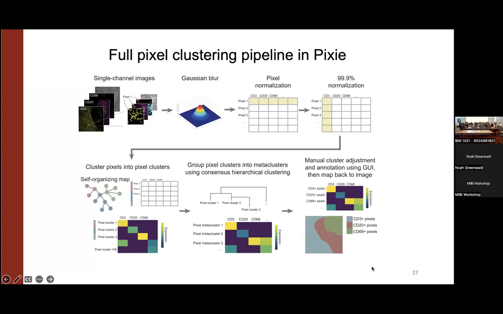So looking at that heat map is really the best way to choose. You can get as granular as you want. Sometimes if you're looking at the macrophage cluster, anything that's CD68 positive you just lump in there. But if you want to get super granular, you can separate out the CD68 positive and the CD206, CD209 positive. There are a lot of possible combinations, so it depends on your cluster as well.